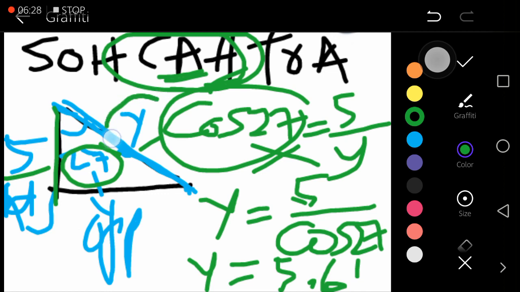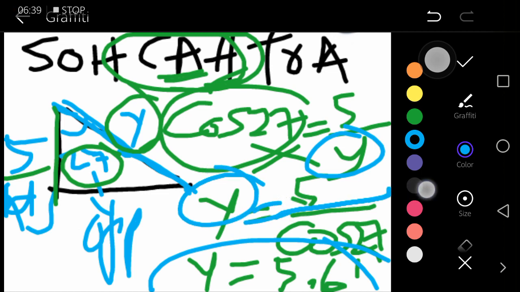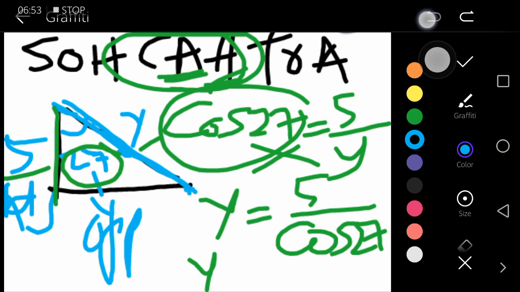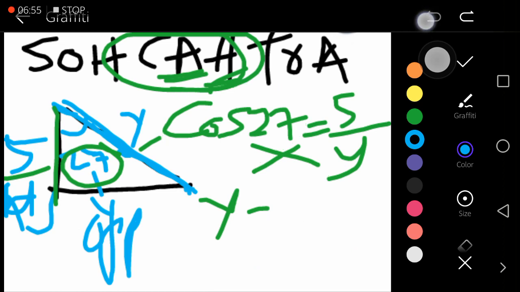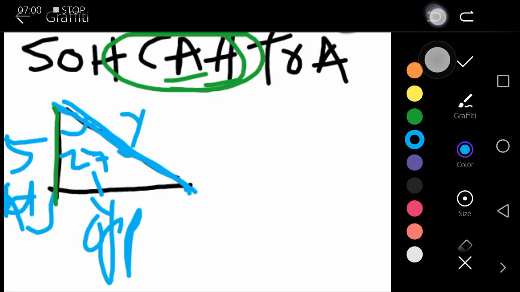So y equals 5.61. Very easy. Put y here, then put cosine downside, only change position. That's easy to remember. You cannot multiply this because it is y, so only transfer.